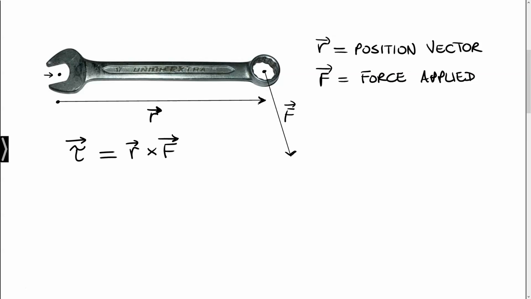So let's think about why this is a reasonable definition. If we draw a horizontal through these two, think of this horizontal going through here. So really, this would be, again, R here. Now, what I can do is break down this F into its two components, like we did with projections.